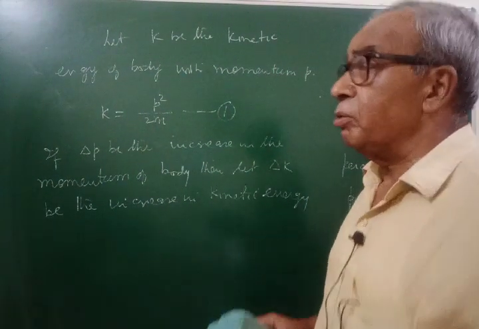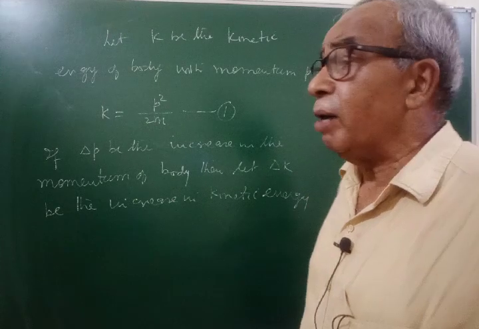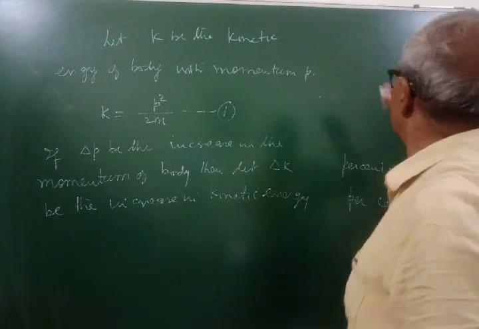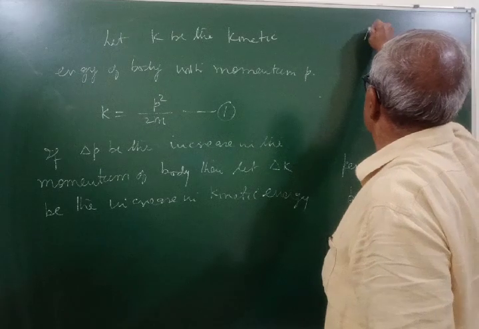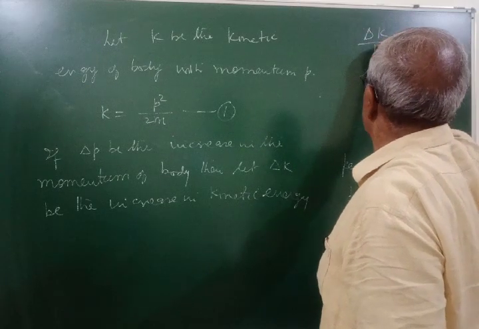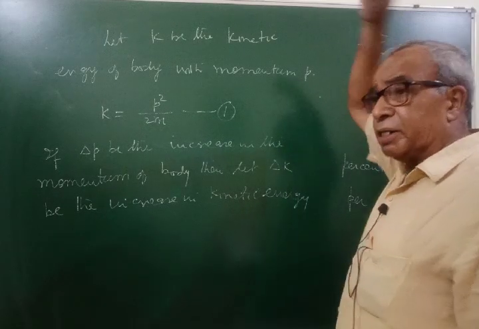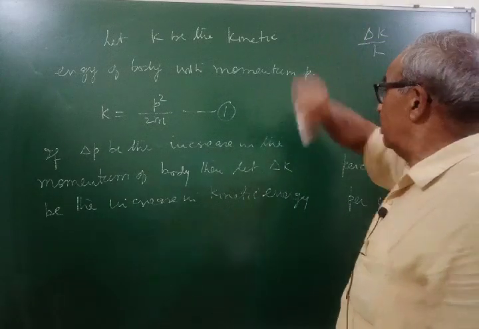What is our problem? We have to find out the percent change in kinetic energy, means you need to find delta K upon K. Change in energy divided by initial energy multiplied by 100.